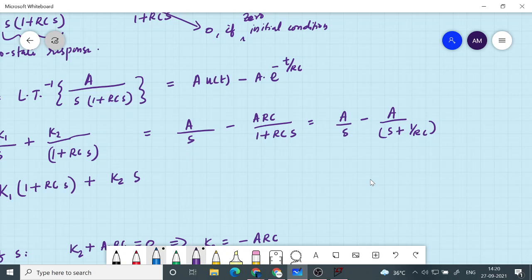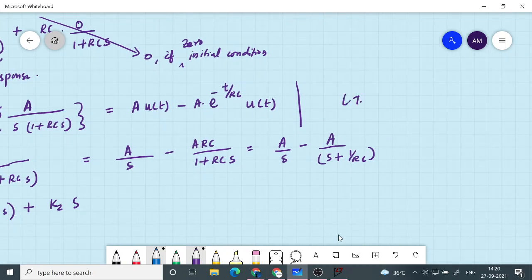So here it is 1 by RC, so I am writing e raised to minus 1 by RC into t, then multiplied with u of t. When S goes to S plus 1, what happens is that it will be multiplication by e raised to minus t by RC. So this is basically application of the formula that we studied.